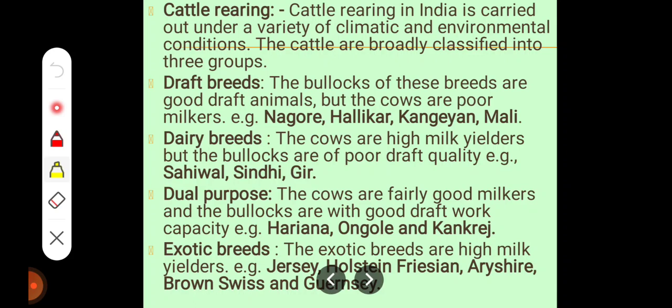Haryana, Ongole, and Kankrej. Then exotic breeds. The exotic breeds are high milk yielders. Example: Jersey, Holstein Friesian, Ayrshire, Brown Swiss, and Jersey.